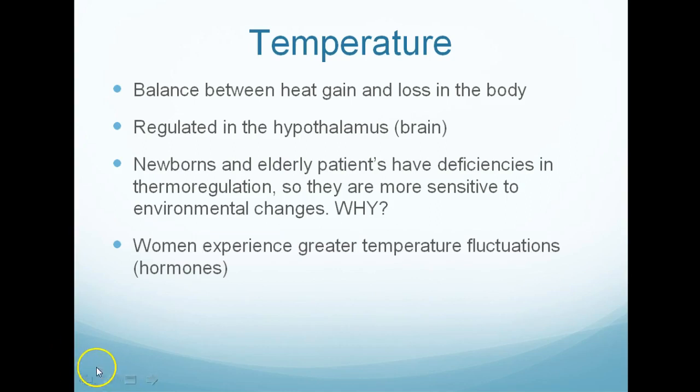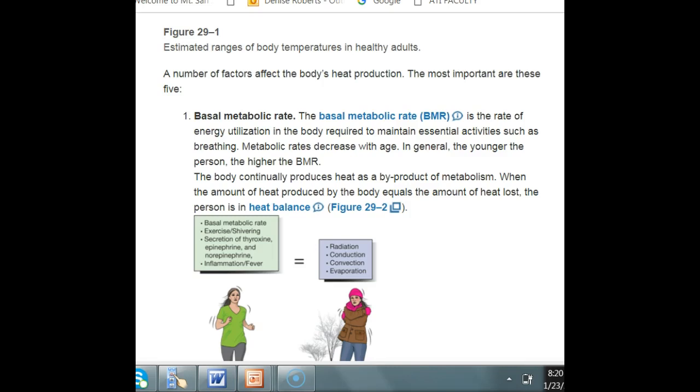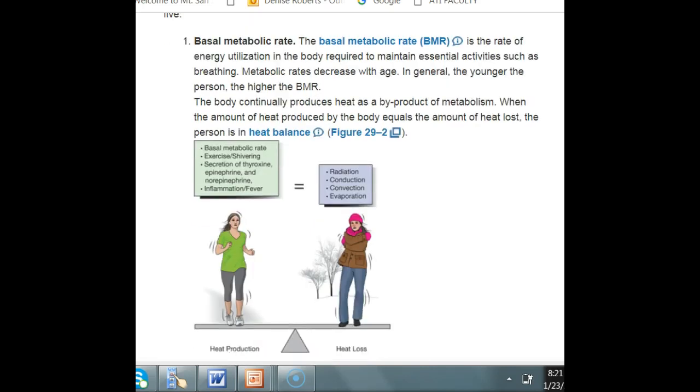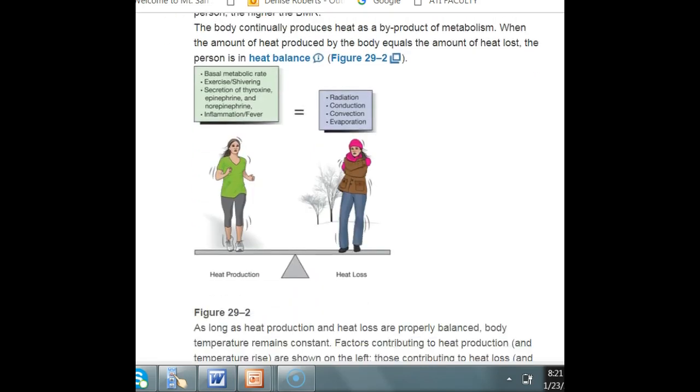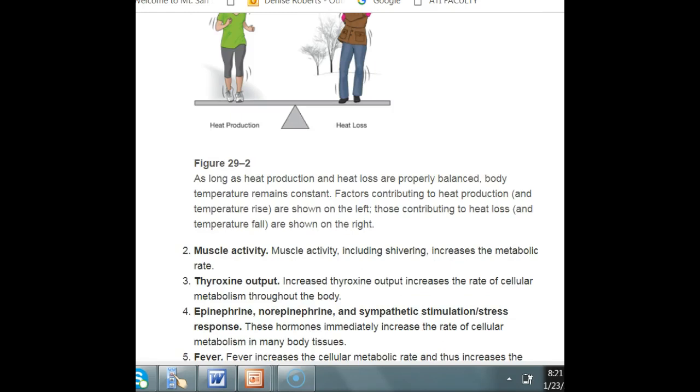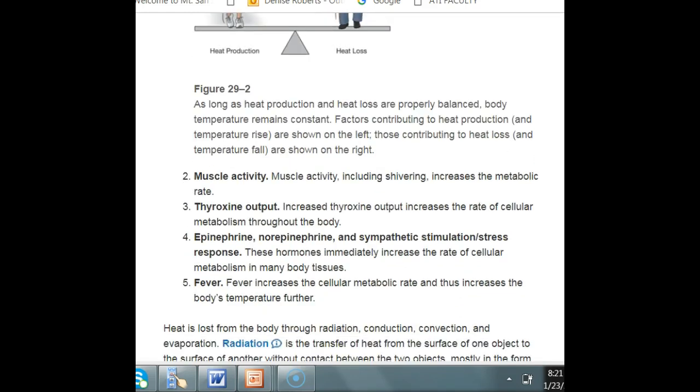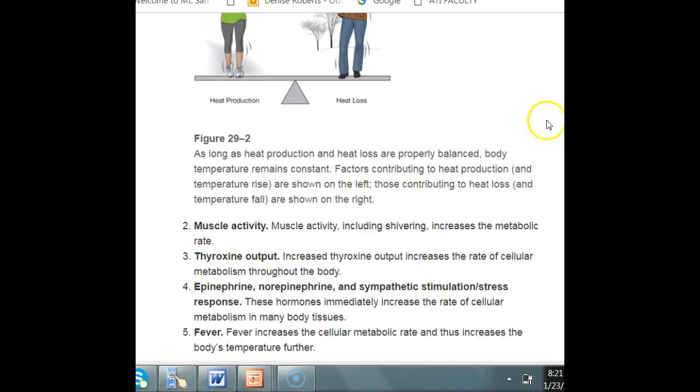Now go to your book, and I'm going to refer you back to your book. I'm going to slide through your page in your book for the sake of time, but look at the basal metabolic rate. I want you to look at that and see the difference between these two and what is happening. I also want you to look at muscle activity, thyroxine output, epinephrine, norepinephrine.